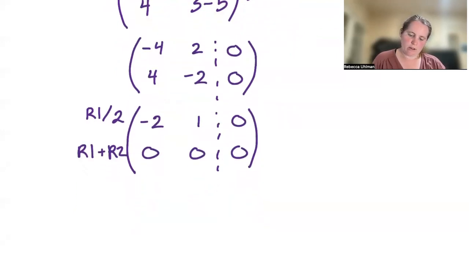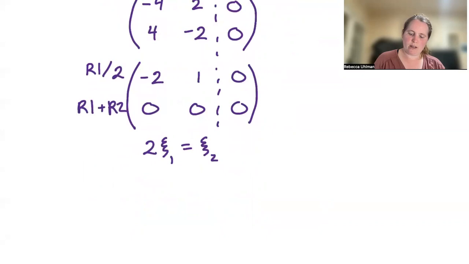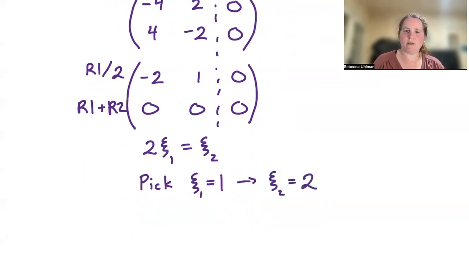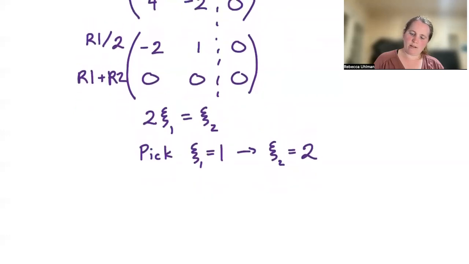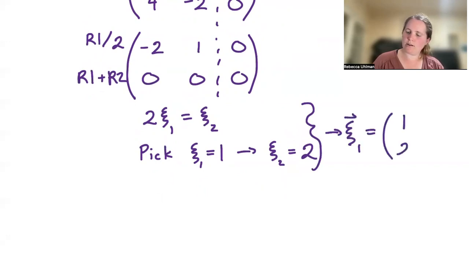So we have 2 times xi1 should be equal to xi2. So we can pick our xi1 to equal 1. That means that xi2 should equal 2. And so we get that our vector xi1 corresponding to lambda 1 is the vector 1, 2.